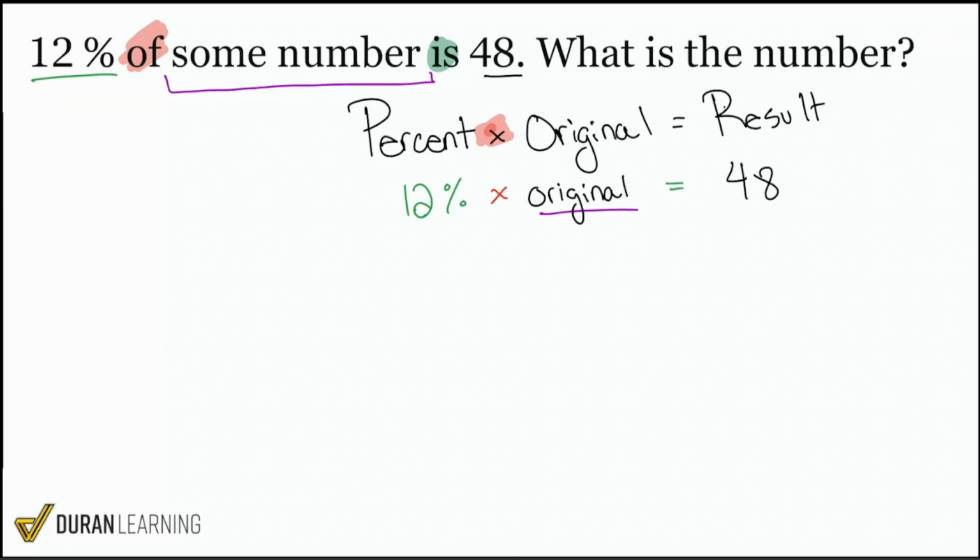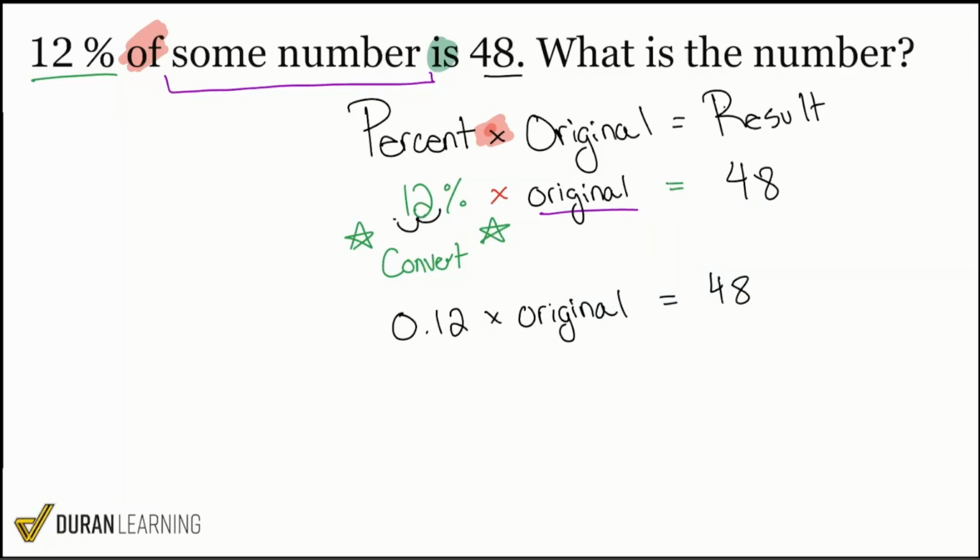Yeah, we've got to make sure we convert the percentage to a decimal. So right over here, let me put some stars. We have got to convert it first. So we are supposed to actually be working with, once, twice to the left, 0.12 times the original equals the result. That's what we have to make sure we're doing, everybody.